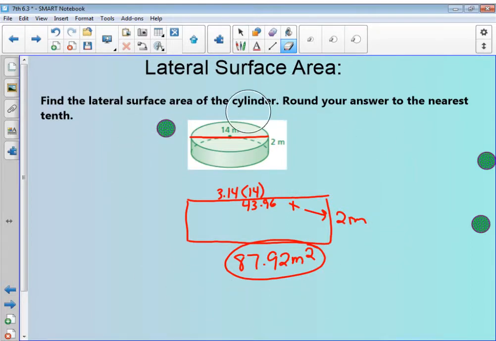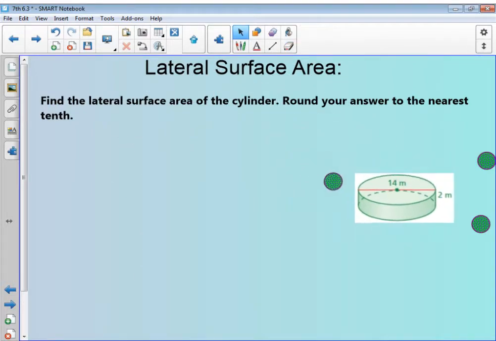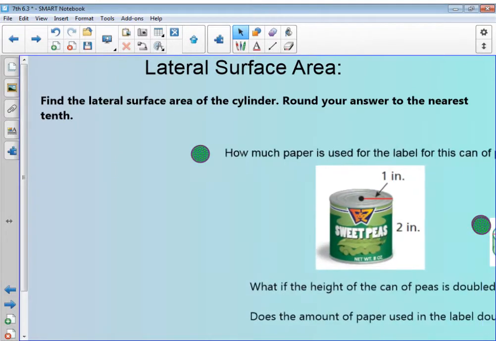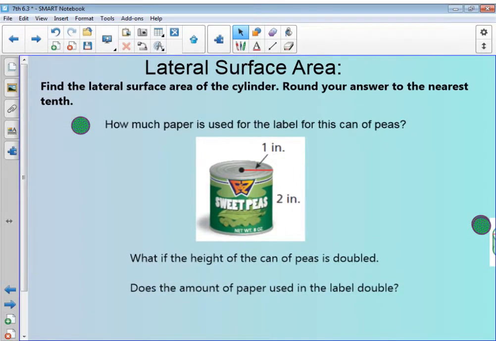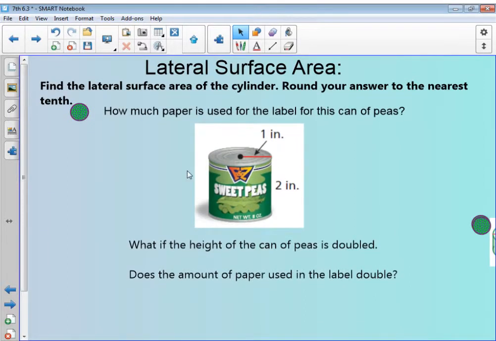So I'm going to go ahead and give you guys one to try. Like I said, it's fewer steps than what you had to do yesterday, but it's just introducing you to that concept of lateral surface area. So here it says how much paper is used for the label for this can of peas. This is a real world application of why you would ever need to understand just lateral surface area. What is the height of the can of peas?